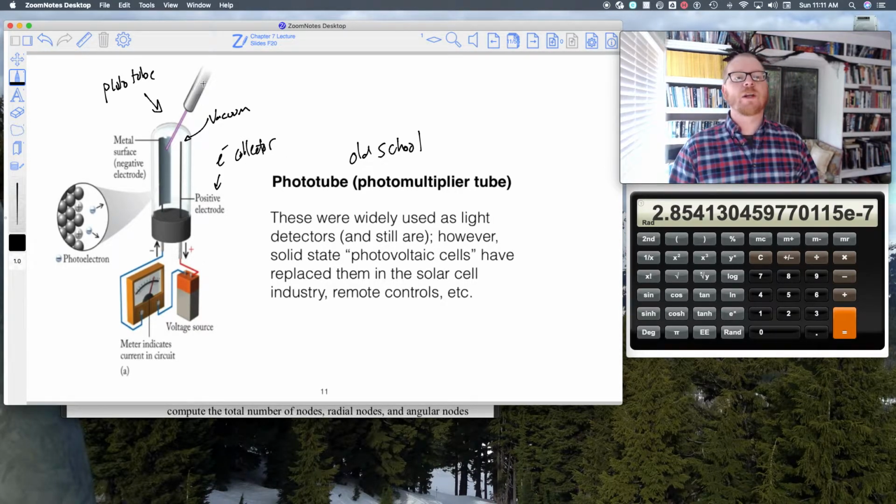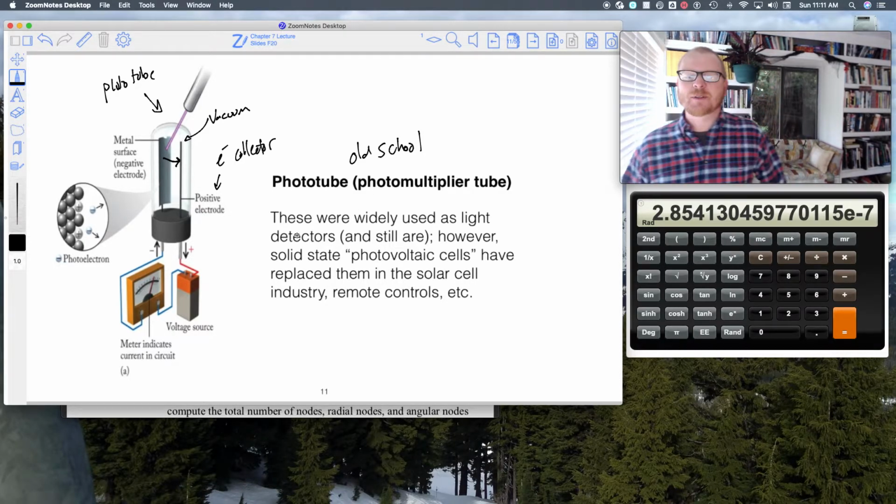What ends up happening is that when light of a very specific frequency or energy, slightly above the minimum energy of whatever the metal is, hits that surface, an electron gets ejected into this collector electrode and it completes the circuit. So now you've got electrons that flow into this device and out the other device, which is pretty cool. So these are widely used as light detectors.